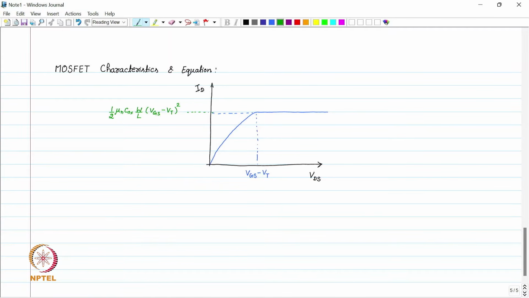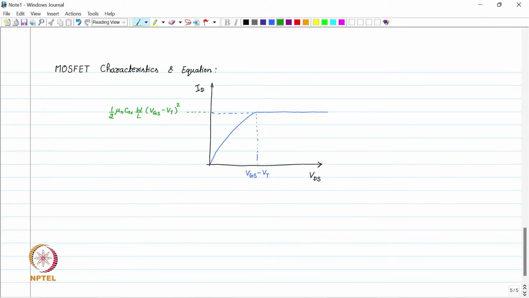That we can see here by this flat region: we are increasing the drain voltage, but the current is not increasing because there are no charge carriers in the channel. This value of current is called the saturation current, and the equation for saturation current is half mu n C ox W upon L (VGS minus VT) whole square.